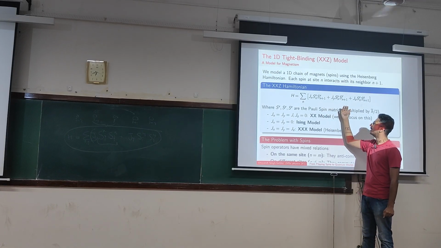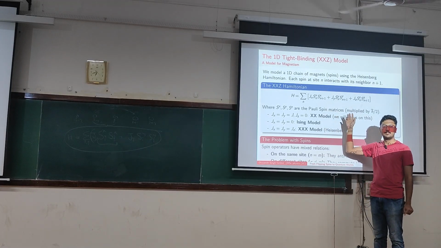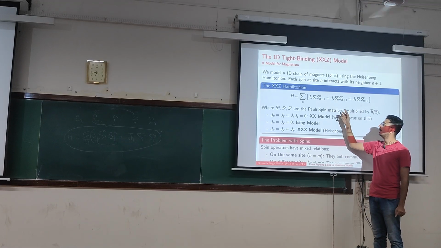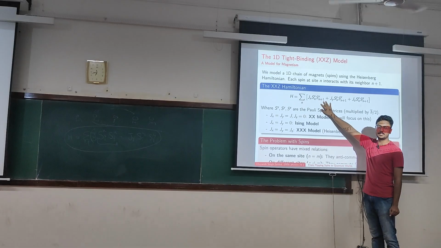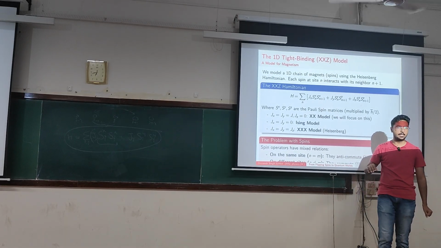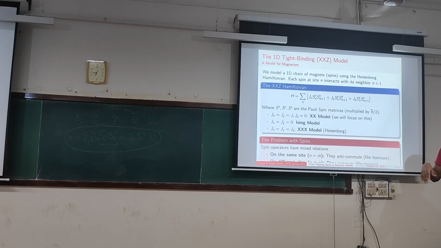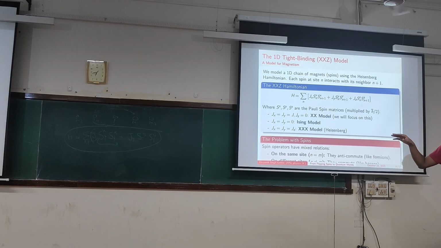So to solve this problem of diagonalizing, what we will try to do is convert this Hamiltonian into a bosonic Hamiltonian. Why are we doing it? Because it is very easy to diagonalize when a Hamiltonian is bosonic.